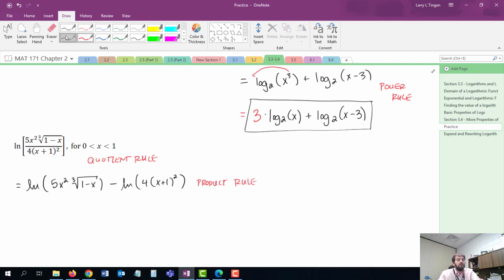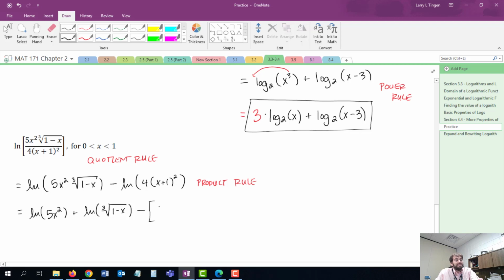Let's find out. Okay. So the natural log of 5x squared plus the natural log of the cube root of 1 minus x, minus, now I'm about to break up this second log into addition of two logs.